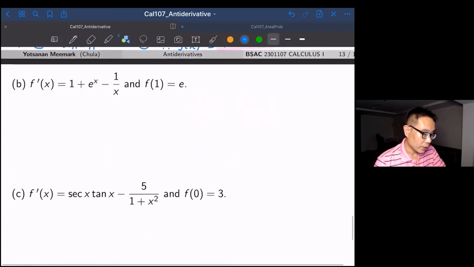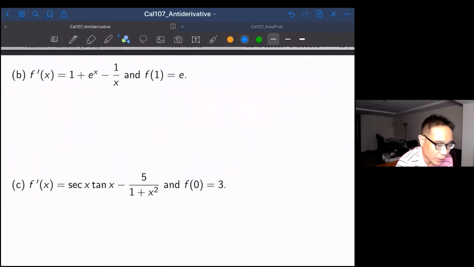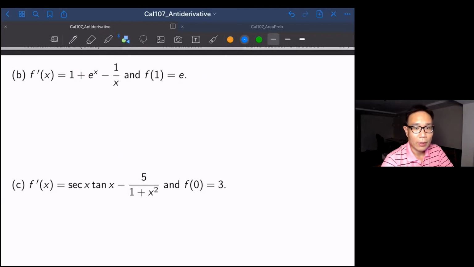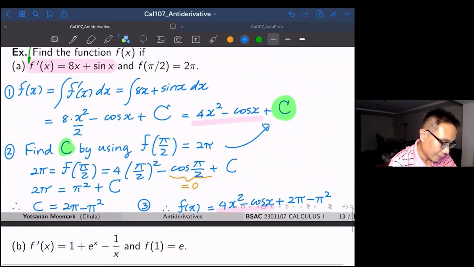The second one, you have f prime x equal to 1 plus e to the x minus 1 over x, and f of 1 equal to e. I forgot something, I forgot to give you the color here.